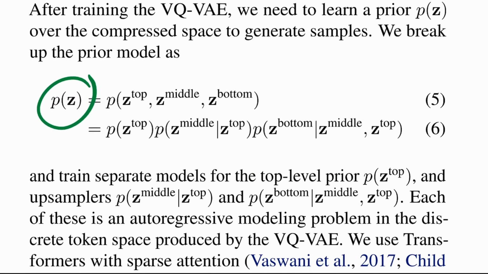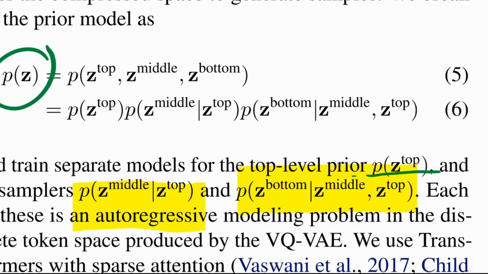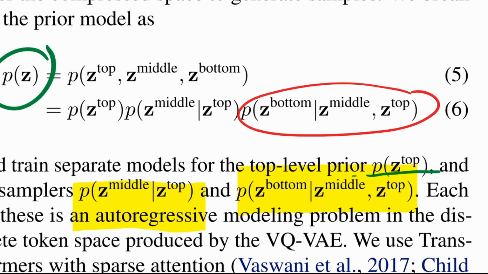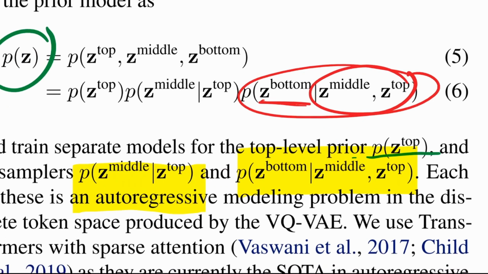And we can then, they say, train separate models for the top level prior Z top, the middle, and the bottom. So what that means is basically these are now neural networks. If you read something like this in a paper like this, this is going to be a neural network that takes the right side as an input and produces the left side, right? So you start out with this one.